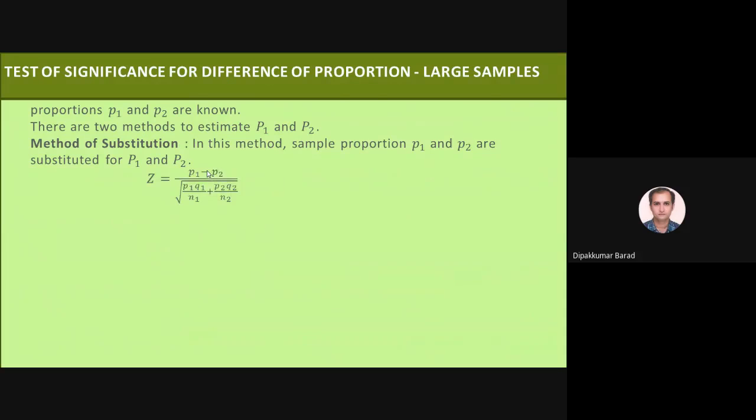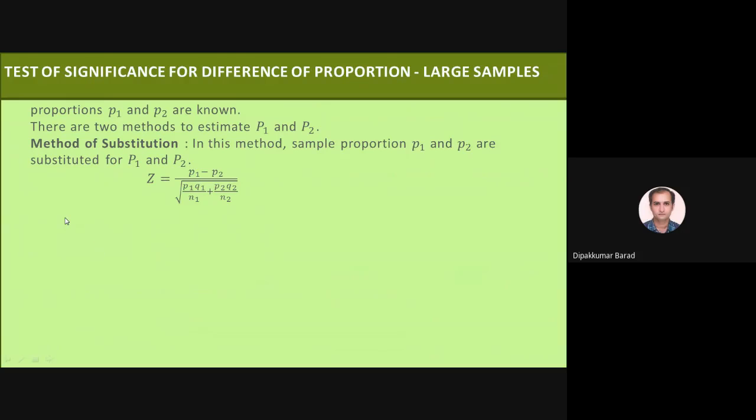So instead of capital P1 and capital P2, we use small p1 and small p2: small p1 minus small p2 upon under root of small p1 q1 upon n1 plus small p2 q2 upon n2. This is the first method of substitution.